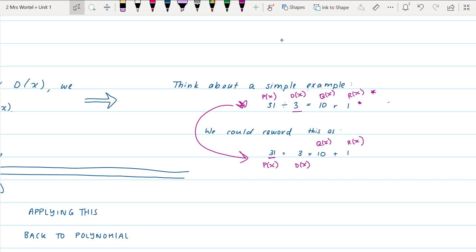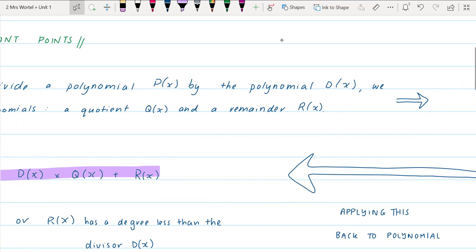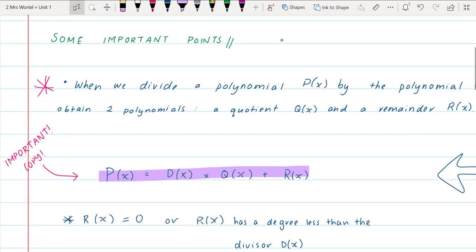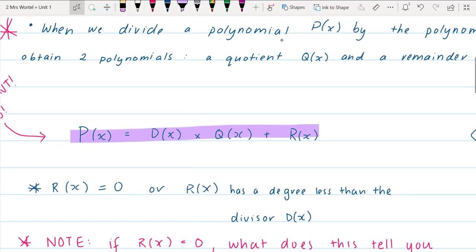So we'll write it neatly, you guys can copy it down, and we're going to use that identity to divide other polynomials. So at this point, I would pause the video and copy down p of x is equal to d of x multiplied by q of x plus r of x. So polynomial, divisor, quotient, and remainder.